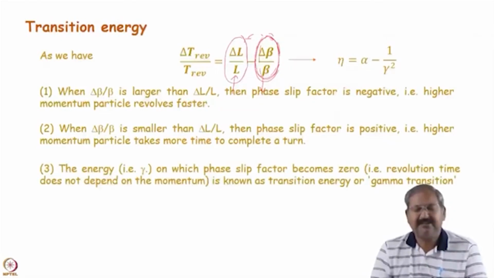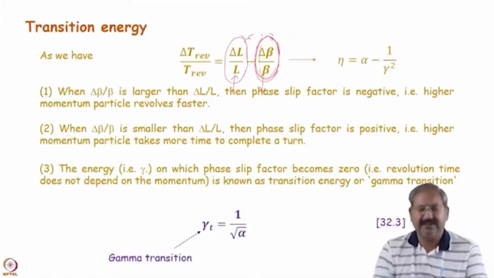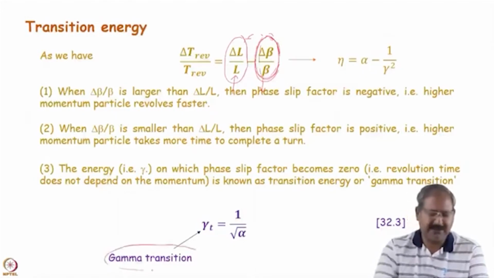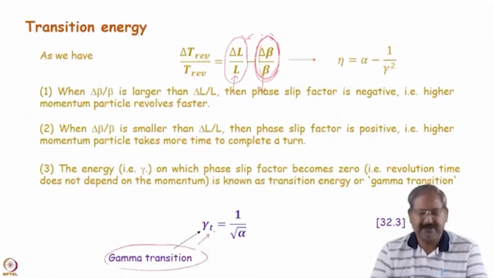And when these factors cancel each other, delta T revolution upon T revolution becomes 0. That energy, that particular gamma at which this occurs, is known as transition energy, and that gamma is known as gamma transition. So gamma transition is 1 upon root alpha.